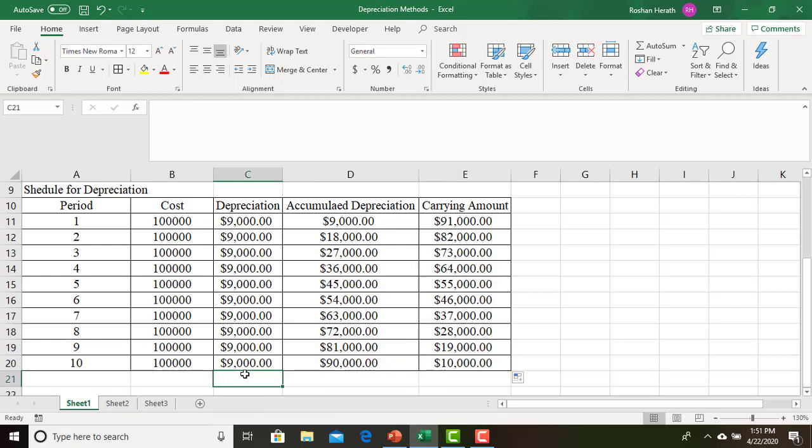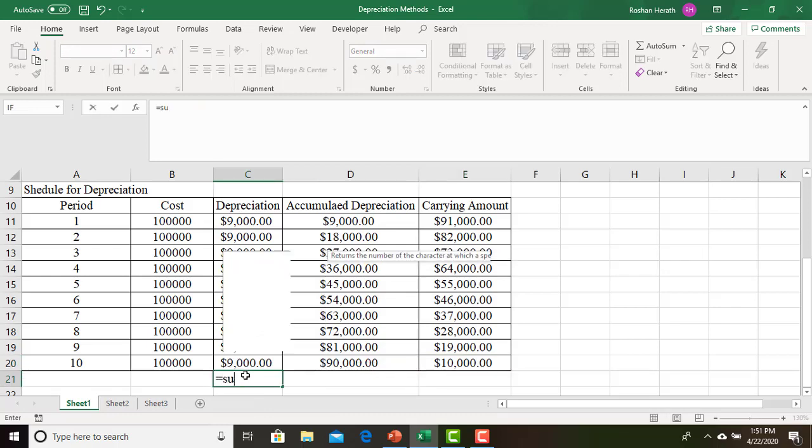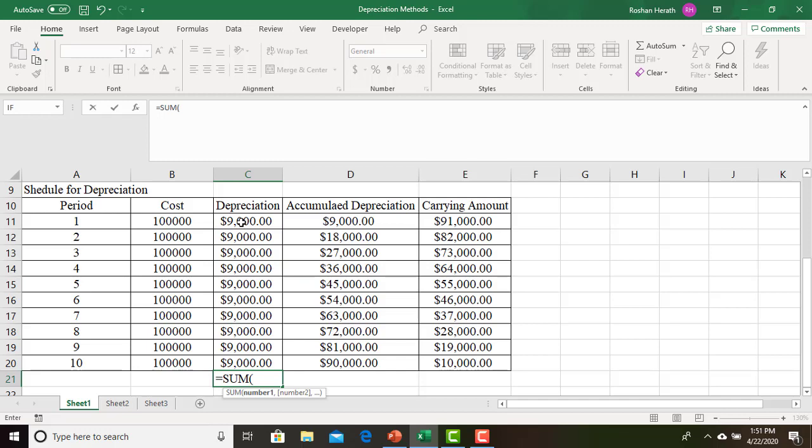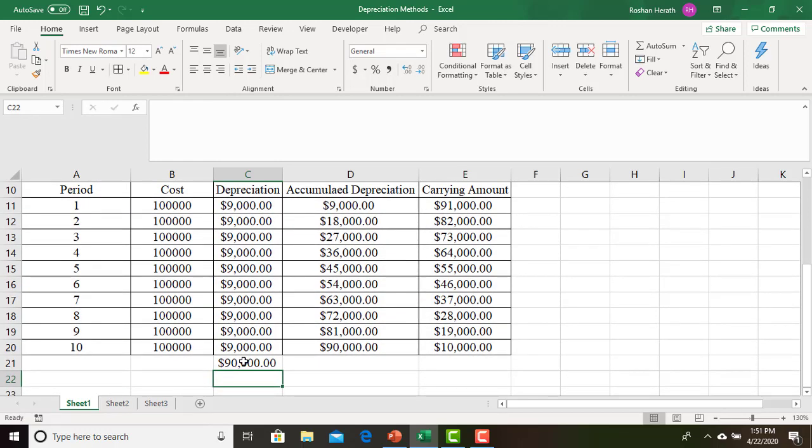So therefore, if I take the total depreciation, you would witness that it is 90,000. So actually, I need not work it out over there because that is what it is there in the accumulated depreciation. So the accumulation is equal to 90,000. So you have depreciated altogether 90,000. So that is the depreciable amount, the cost minus the residual value. So that's why at the end of the period this carrying amount had become equal to the residual value.